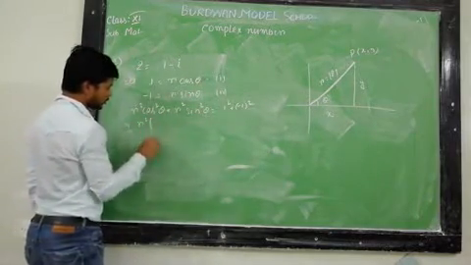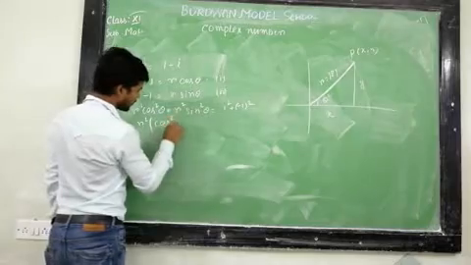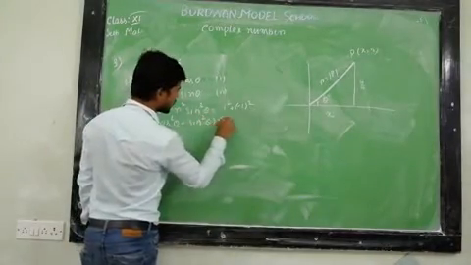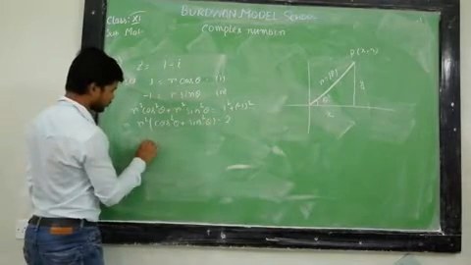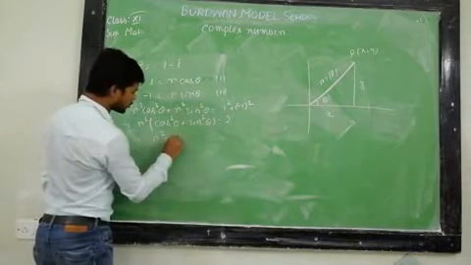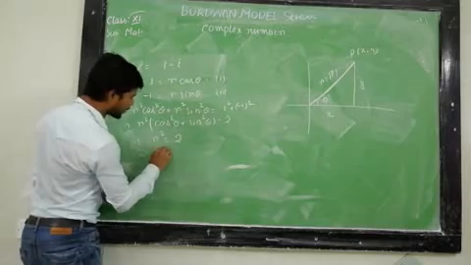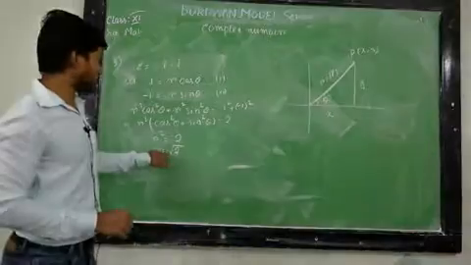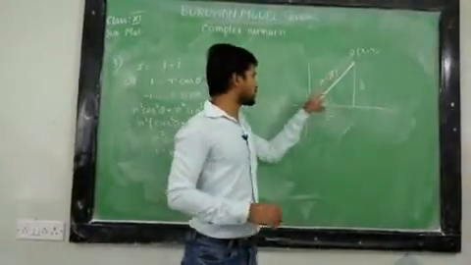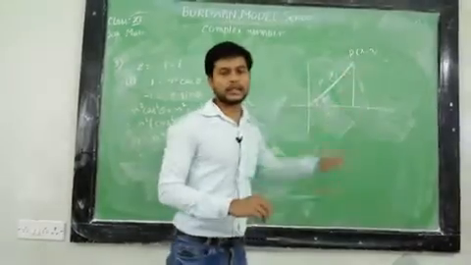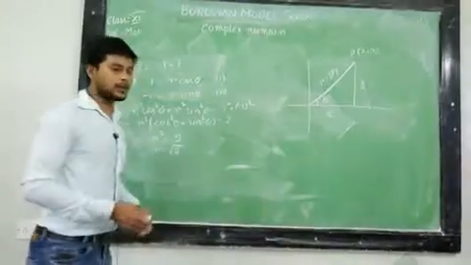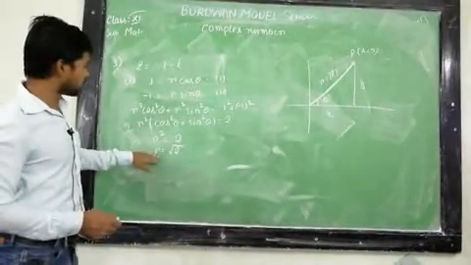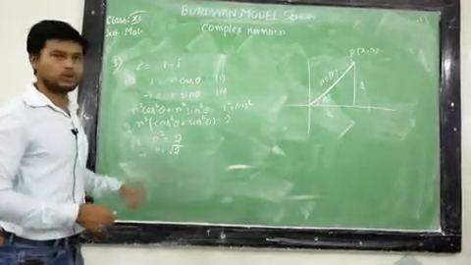If we take r square common, it will be cos square theta plus sin square theta is equal to 2, or r square equal to 2, means r equal to root 2. We'll neglect the negative sign, as r means the distance of O and P, and distance can never be negative. That means modulus of the complex number is equal to root 2.